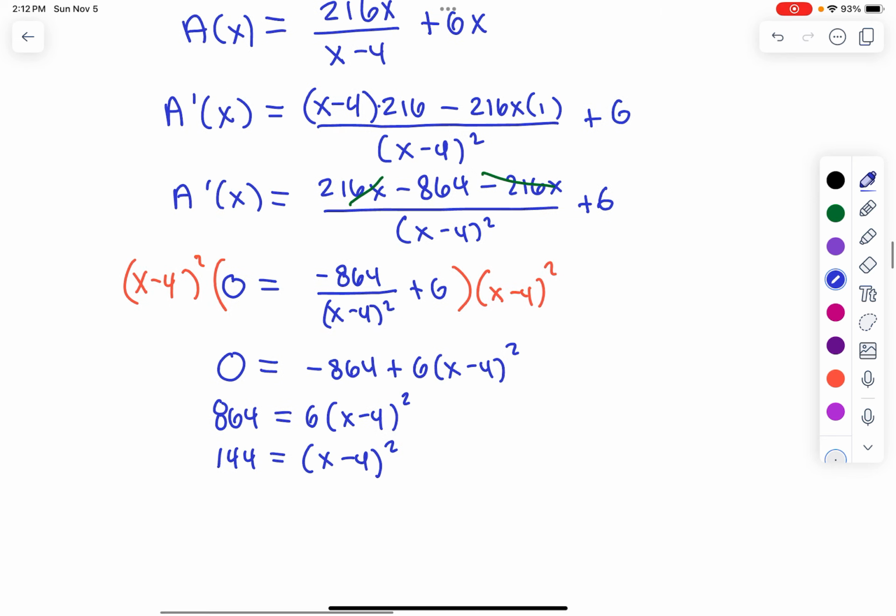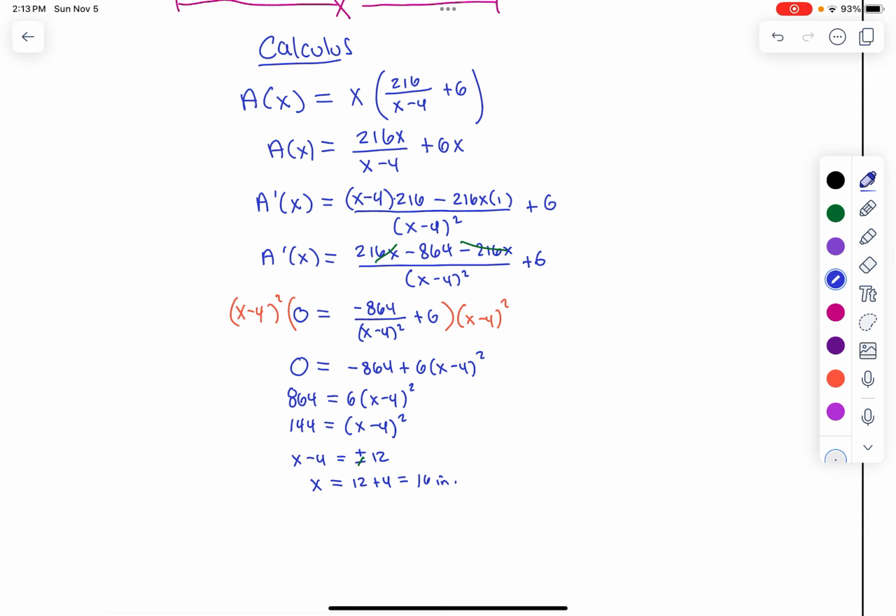Okay, we square root so that I get x minus 4 is equal to, well, I could say plus or minus 12, but if it's minus 12 and you add 4, you're going to get a negative, so I don't really need the minus. And we can't have a negative side of a wallboard. I add 4, so x is equal to 12 plus 4, which is 16 inches.